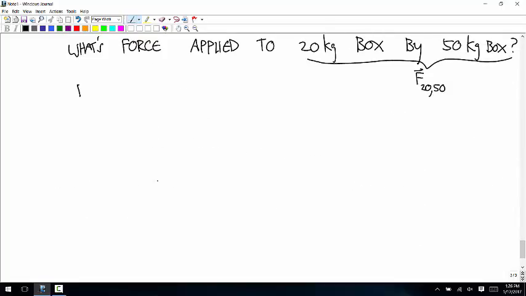So I'll draw a free body diagram of the 20 kilogram box. There's a weight force of 20 times 9.81, so 196.2 newtons down. And now we're going around the boundary looking for contact. We don't know what kind of contact it is, but we know there's something contacting the boundary producing that 100 Newton force.